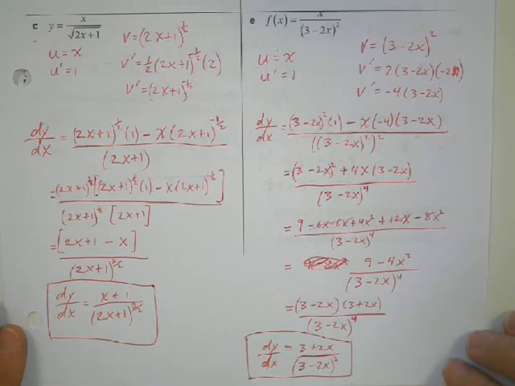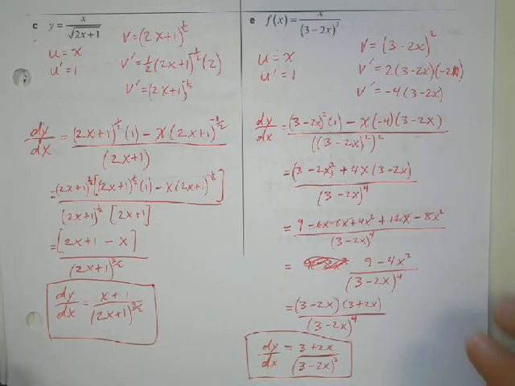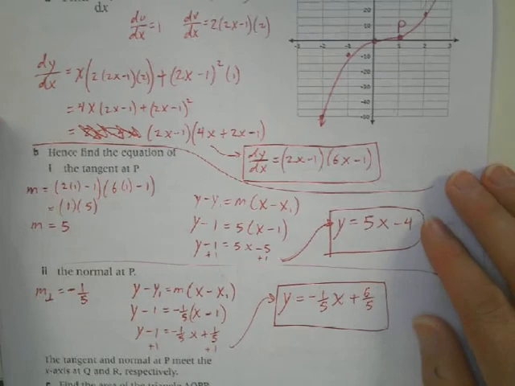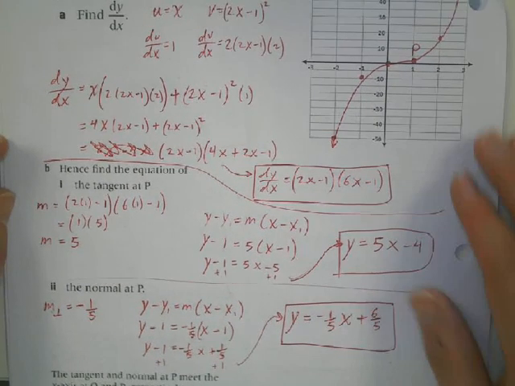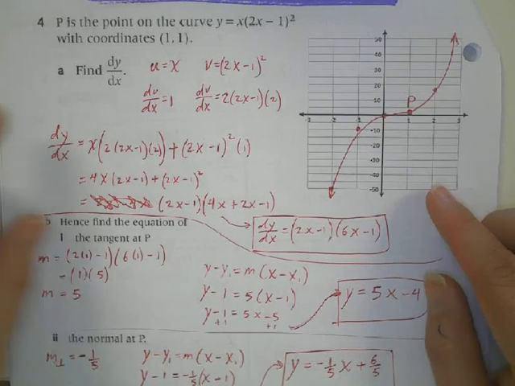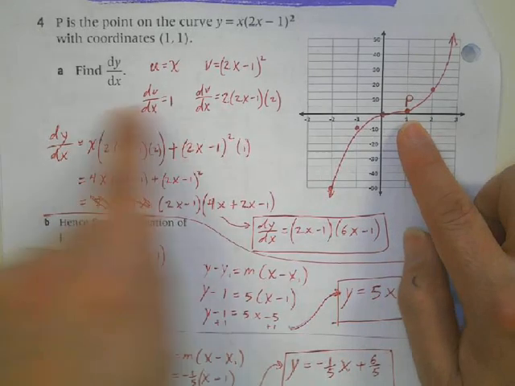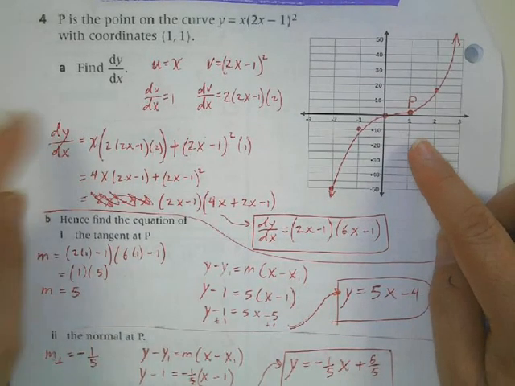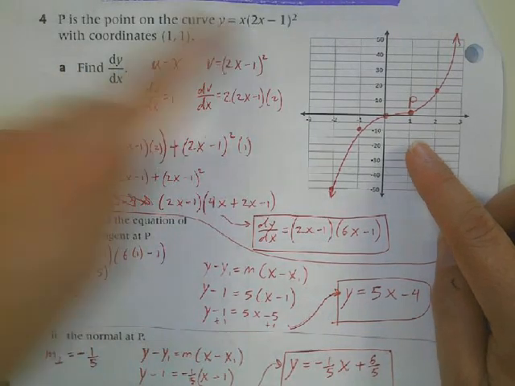Like I said, you might want to hit pause. You don't necessarily need to do all of those. So we have point P right there. Find the derivative, and so we're going to use the product rule, right?